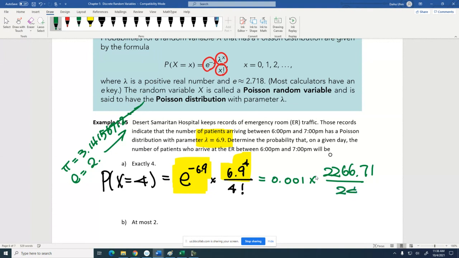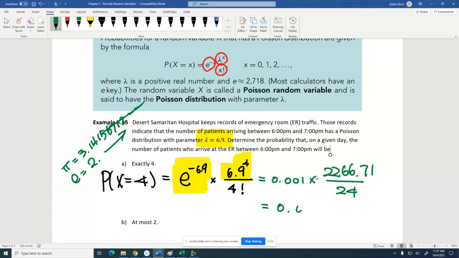So what is the probability finally? Remember, even though the numerator is 2266, finally it must be less than 1 because it is a probability. So it's 0.001 times 2266.71 over 24.